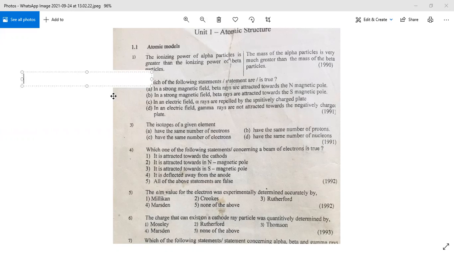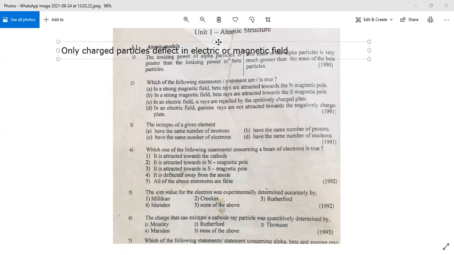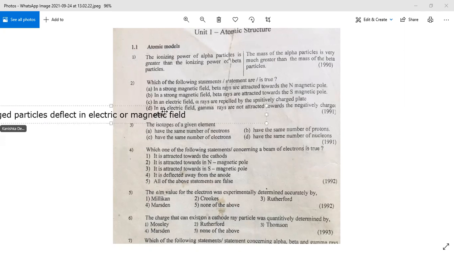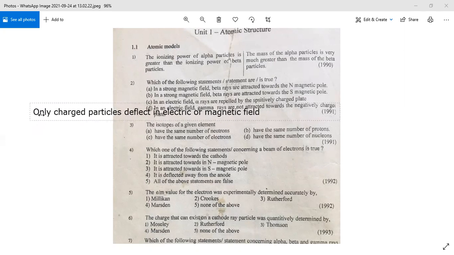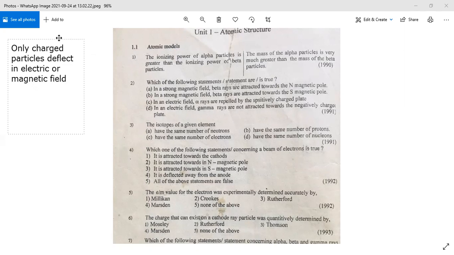First point is, only charged particles deflect in an electric or magnetic field.